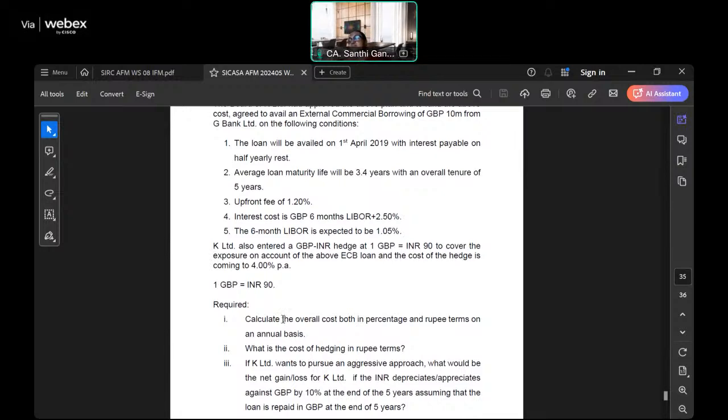Now, it is calculated. See, some bonds repay the principal in a lump sum at maturity. Others repay the principal in installments over the term of the bond.